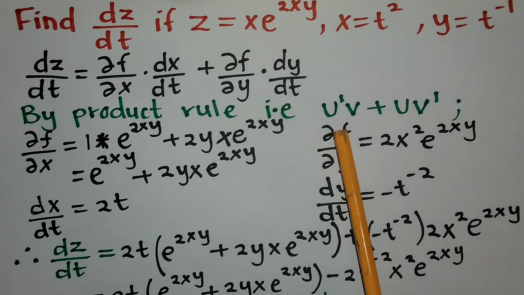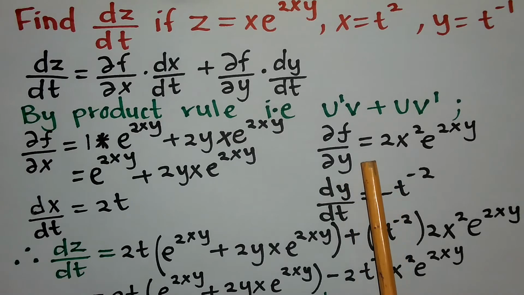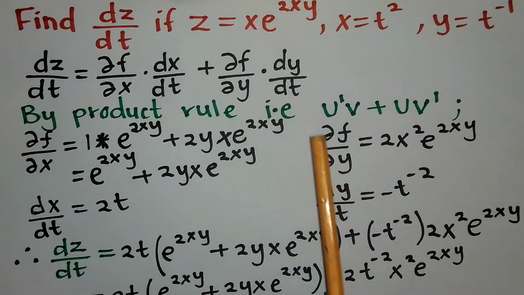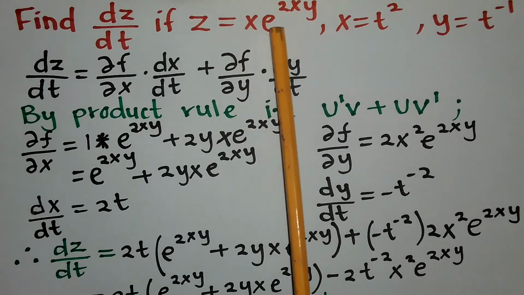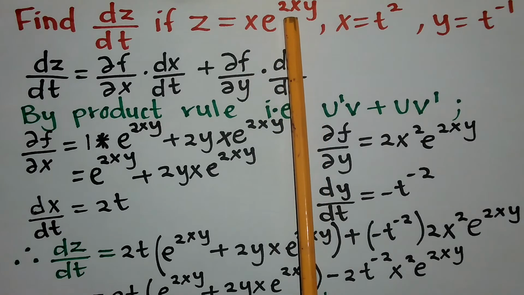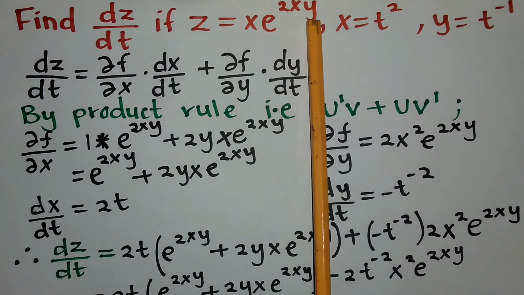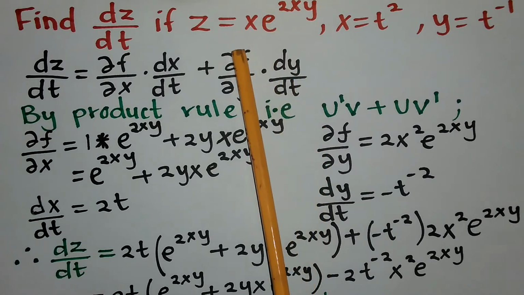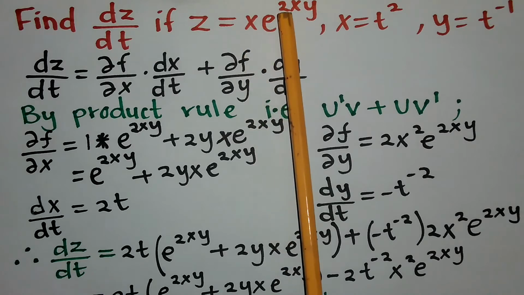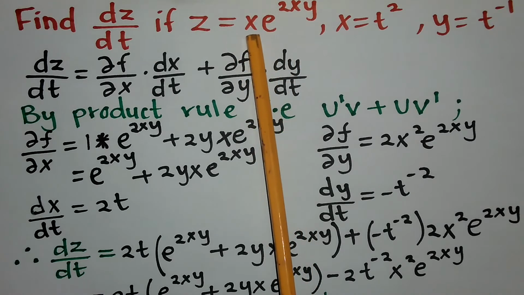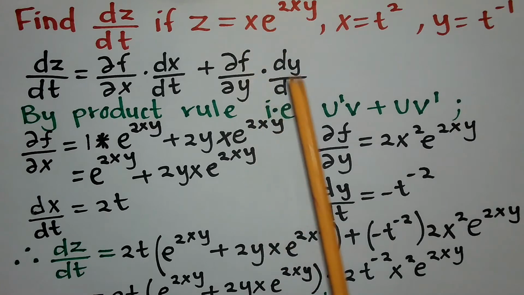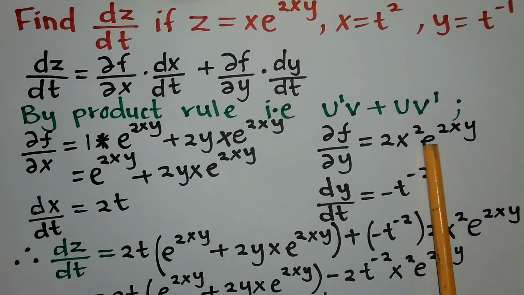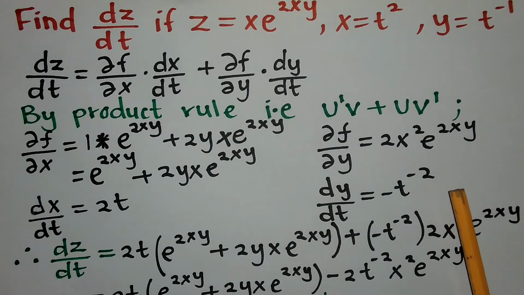Then we find the derivative of this function with respect to y, meaning we treat x as a constant. So if I treat x as a constant, I'll just have to find the derivative of this. The derivative of 2y will just be 2x. So if I multiply this one with 2x, I'm going to have 2x squared, so that is 2x squared exponential 2xy.